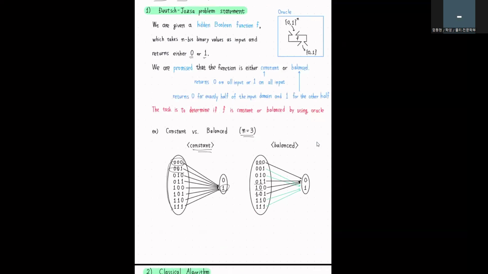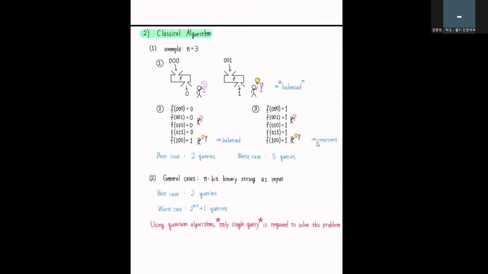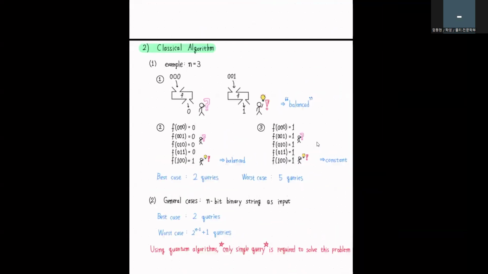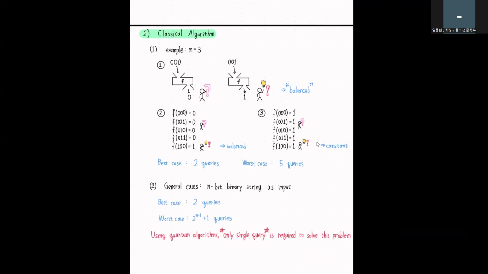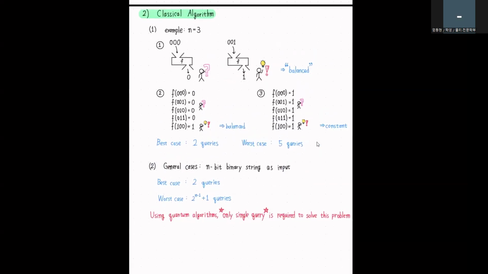Now, let's say we have a classical algorithm. So how can we solve this? Returning to the 3-bit string example, let's say that f is balanced.